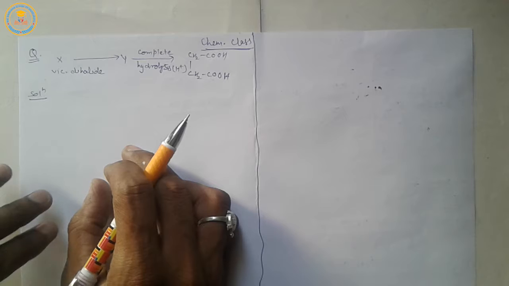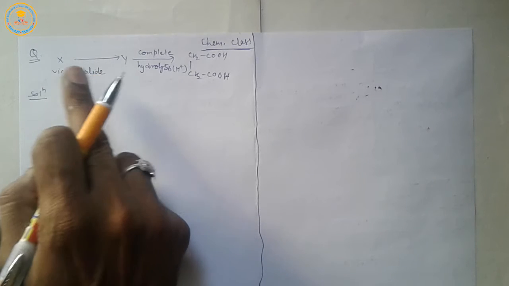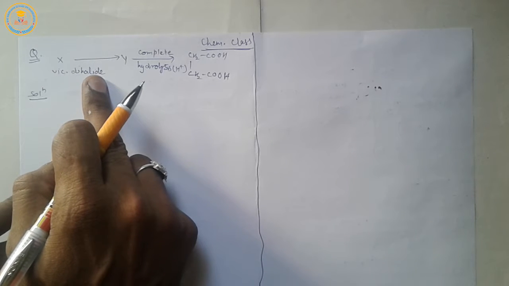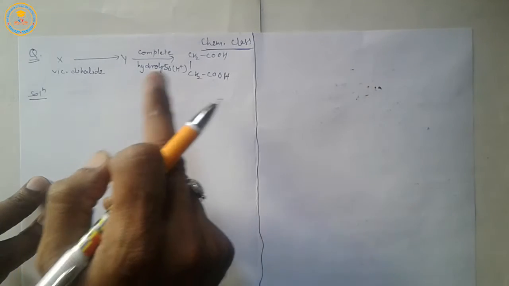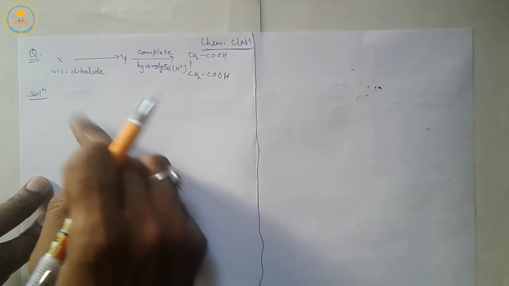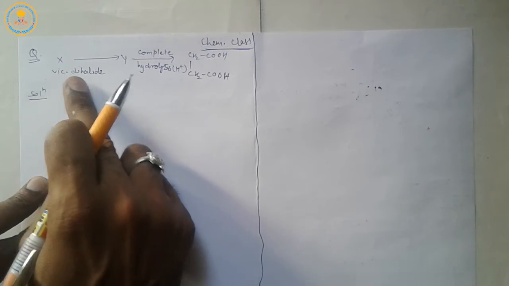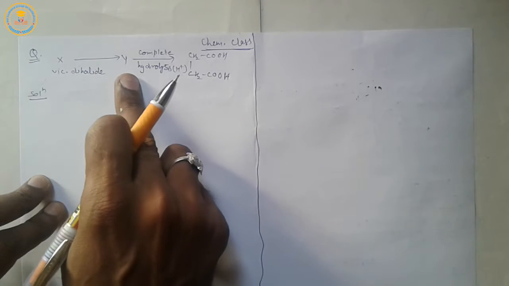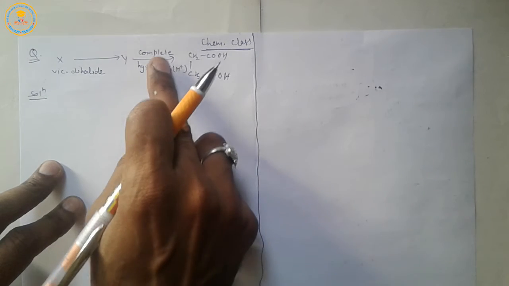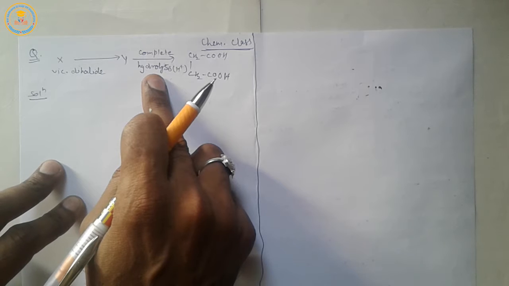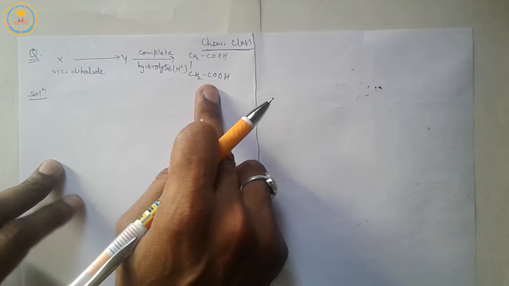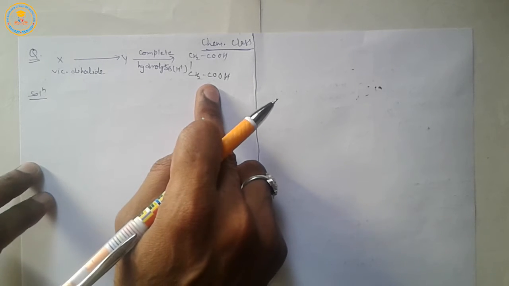Homework question from previous class. The question was: identify X and Y in the following reaction. X is a vicinal dihalide. It is converted into Y, which after complete hydrolysis gives a dicarboxylic acid.